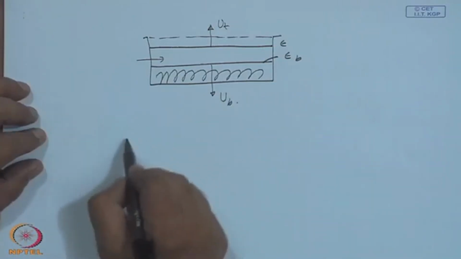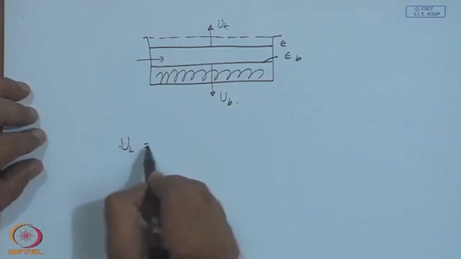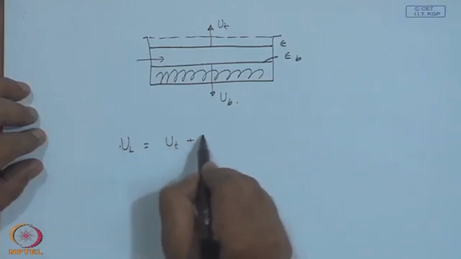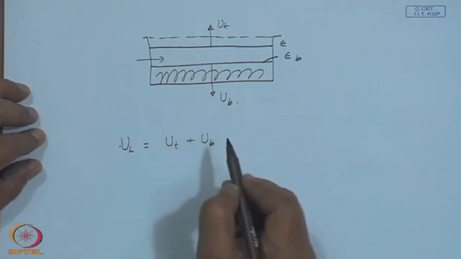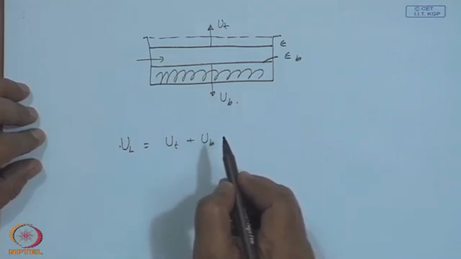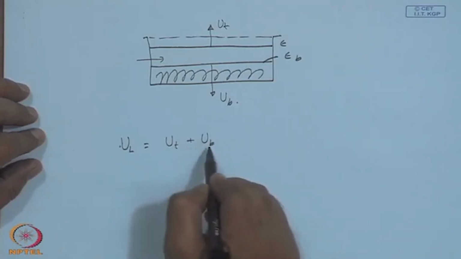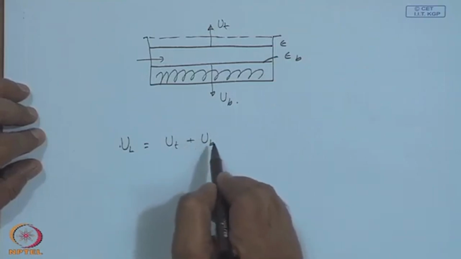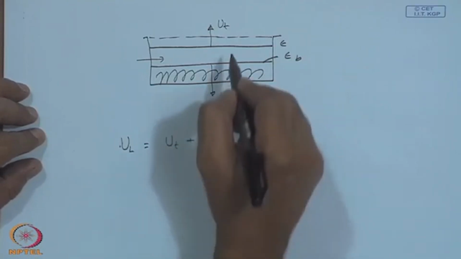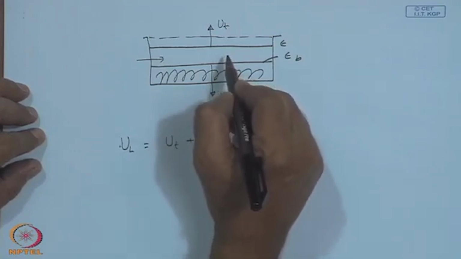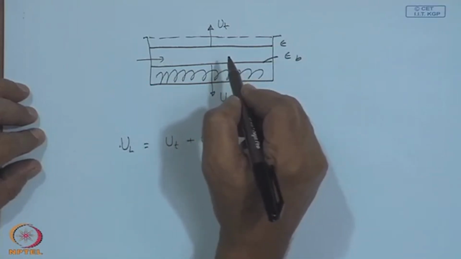So, for this configuration you have U L equal to U T plus U B. As pointed out earlier, the loss coefficient will be the summation of the top and the bottom loss coefficient when the fluid does not directly come in contact with a heat losing surface.